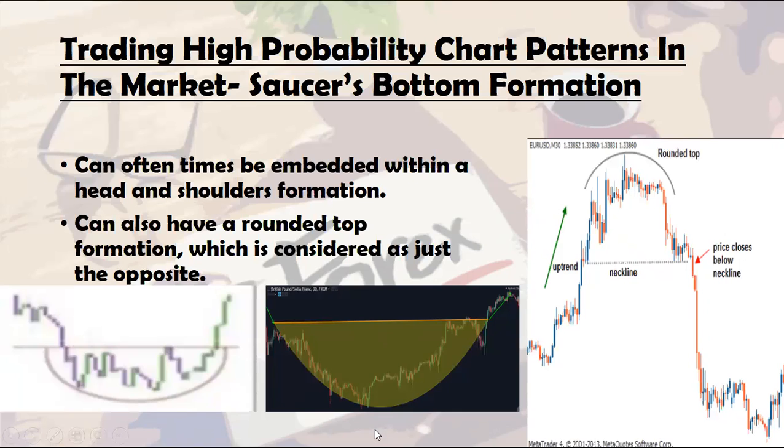It's like when you throw a ball in the air, okay? The ball reaches a certain high point, and then it starts to slowly come down, and you want to enter off the neckline of that pattern. So the rounded top is usually signaling the end of a bullish run and the beginning of a bearish run. Just think of it like that when you're seeing these patterns.